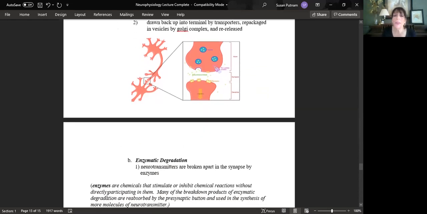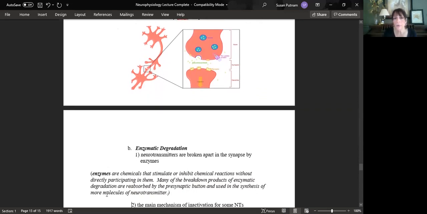The second way that we're going to clear that synapse is through enzymatic degradation. Enzymes. I actually put the definition for enzymes here so that everybody knows exactly what we're talking about. Chemicals that stimulate or inhibit chemical reactions.